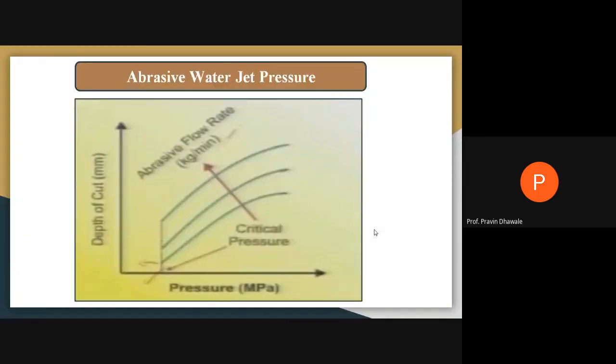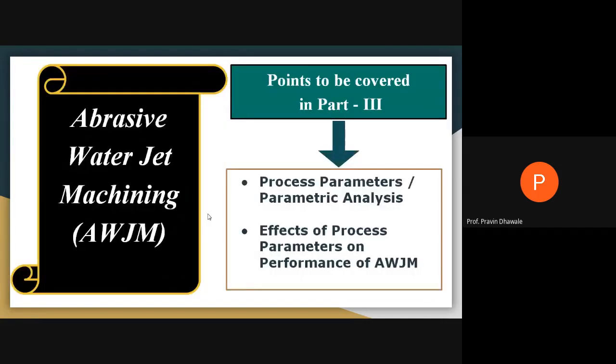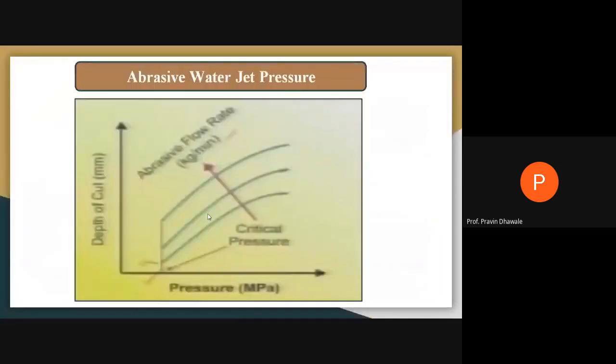We study the effect of some of these input parameters on the output parameter. The output parameter we are considering is the depth of cut. And input parameters you may choose: feed rate, right? Water pressure, the abrasive water jet pressure.